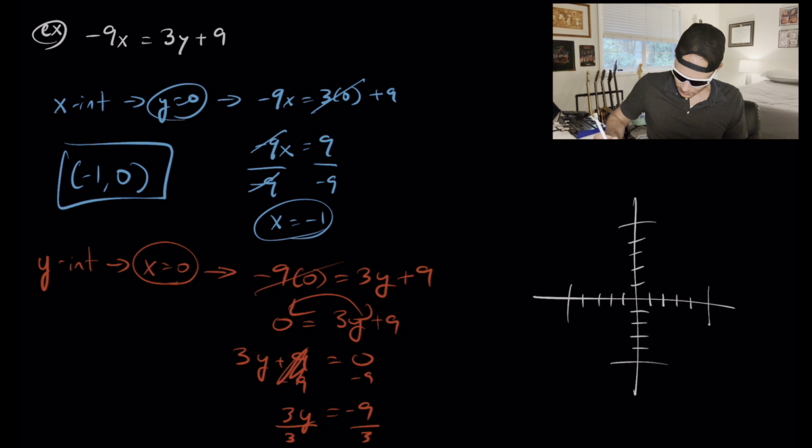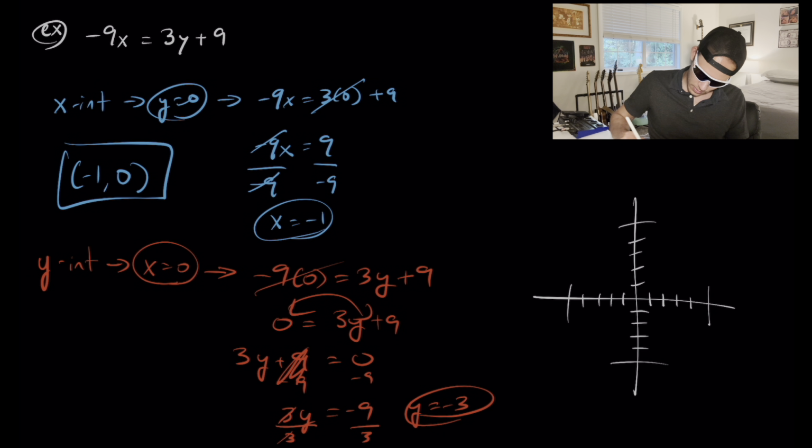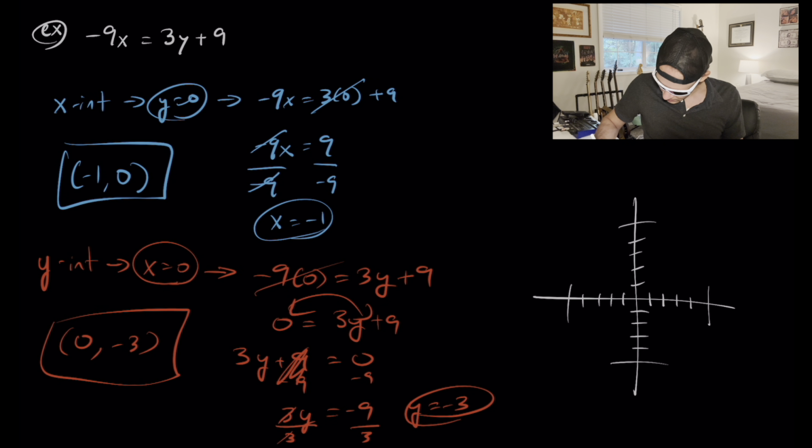Divide both sides by 3. The 3's will cancel, so we'll just be left with y is equal to negative 3. The point for our y-intercept is going to be 0, negative 3, which is going to be down here, and the x-intercept is negative 1, 0 right there. Plot your intercepts and connect the dots, and that's it.